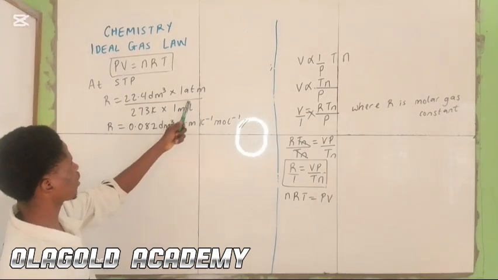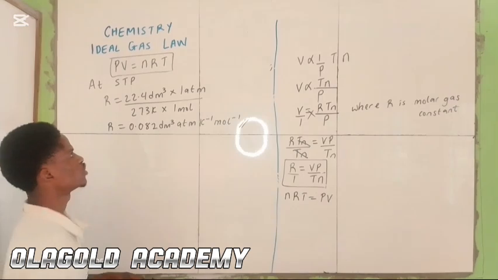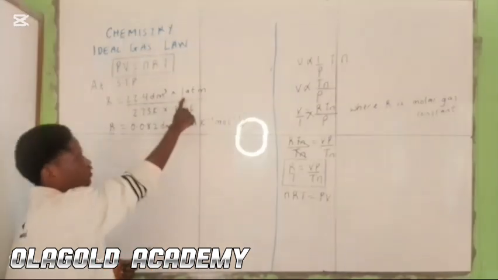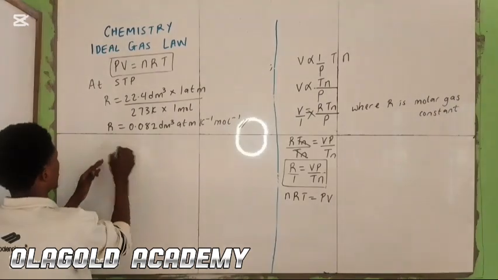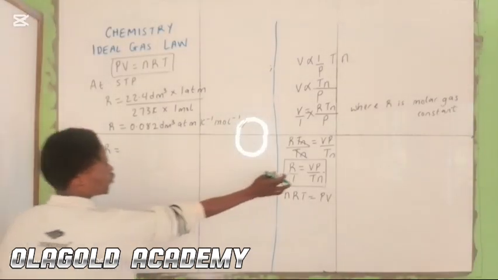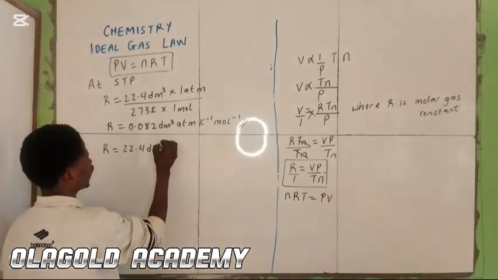Alright, what about the value of our molar gas constant at STP if we use our pressure at 760 mmHg? Our R also equal to 22.4, same value of volume.